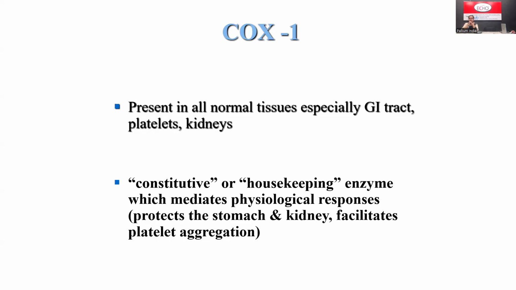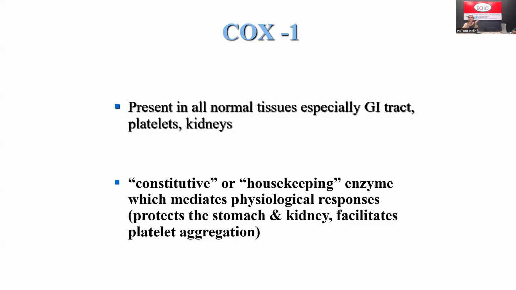Once this protective action is inhibited, what can it cause? Gastric irritation. If platelet aggregation is affected, it can cause bleeding. In the kidneys, it can cause kidney injury, right? That is why NSAIDs cause gastritis and all, because of the inhibition of the COX-1 enzyme.